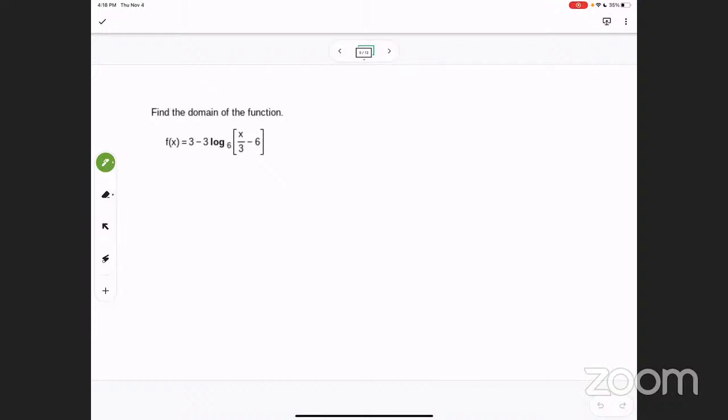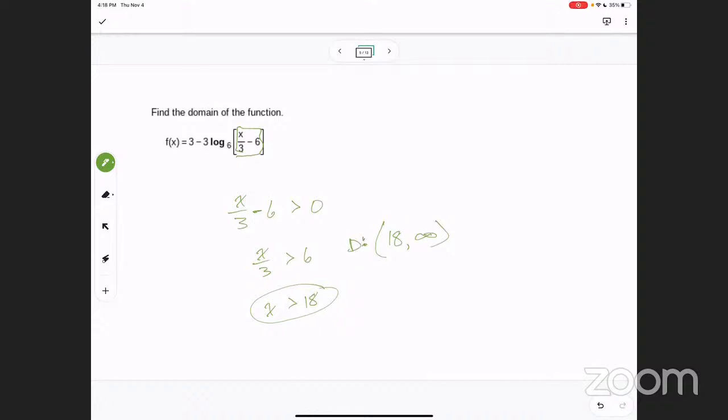It has to be a positive number, which means whatever's inside the log has to be positive. So solve that, and that's going to be your domain. So x over 3 is greater than 6, which means x has to be greater than 18. So your domain is from 18, not including 18, to infinity.